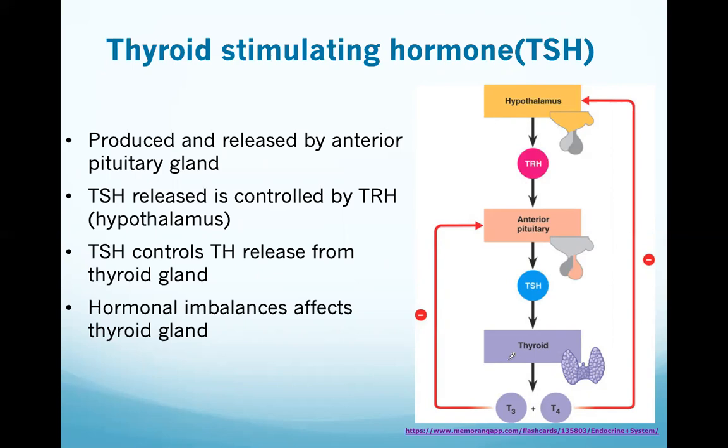TSH targets the last gland in this pathway, which is your thyroid gland, and stimulates it to increase the production of both thyroid hormones, which are identified as T3 and T4.